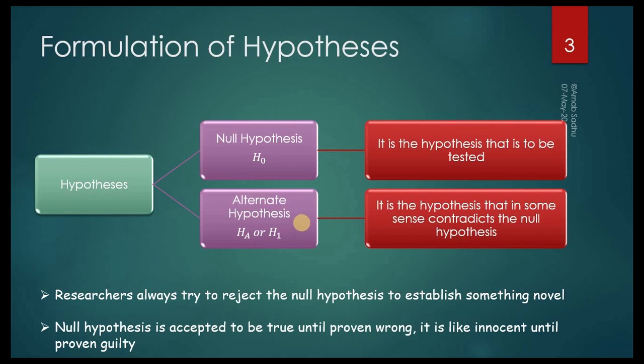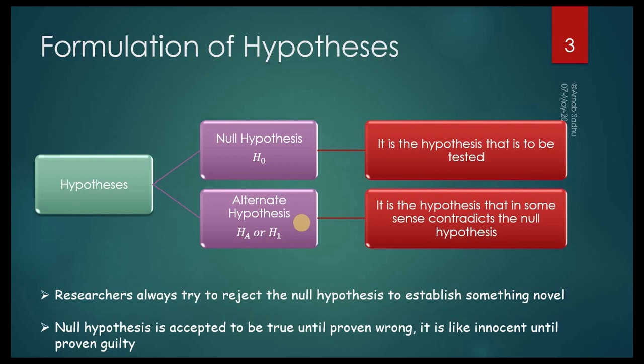And most often you are trying to reject the null hypothesis to establish something novel. Why? Because if you are trying to establish something novel, that means you are going against the current norm of the society or the current norm of the science or statistics.